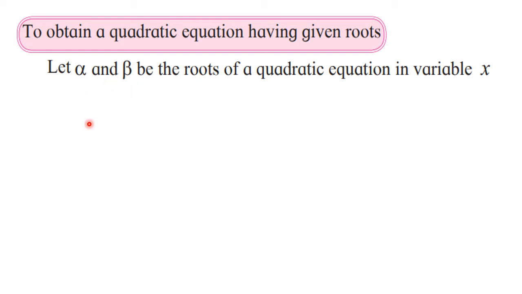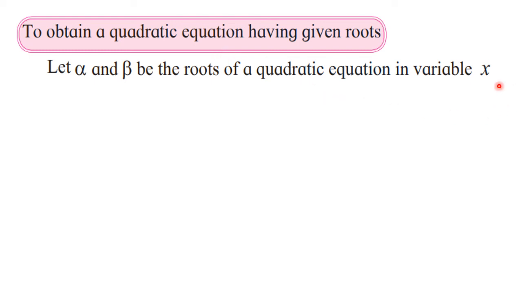See, in the previous topic, we have seen different methods to get the roots from the quadratic equation. That means quadratic equation ax square plus bx plus c is equal to 0 is given to us, and we are finding the roots, that means alpha and beta. But here exactly the opposite situation is there: the roots are given and you have to find out that quadratic equation.